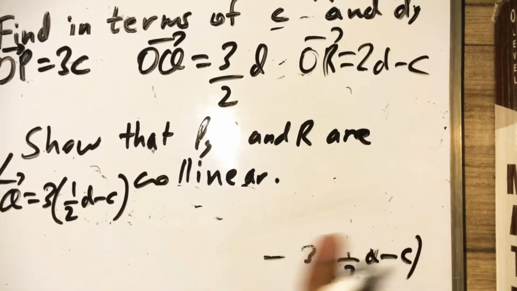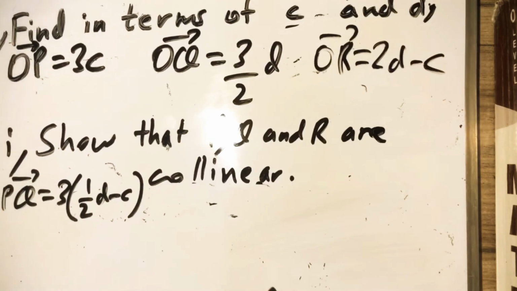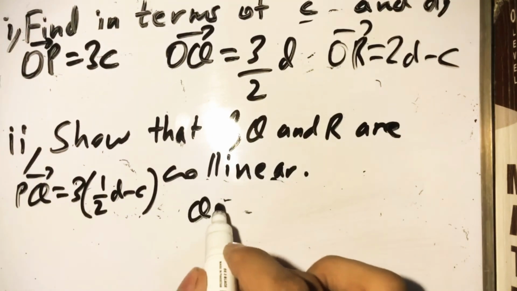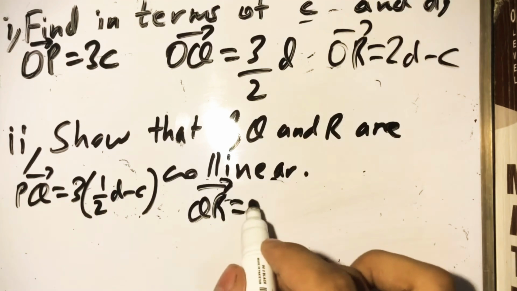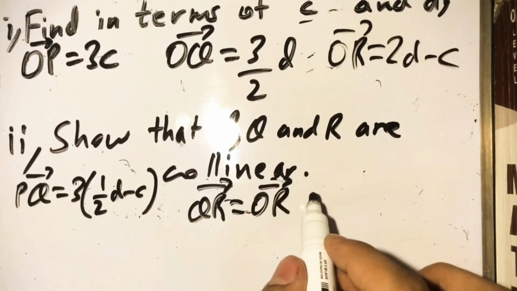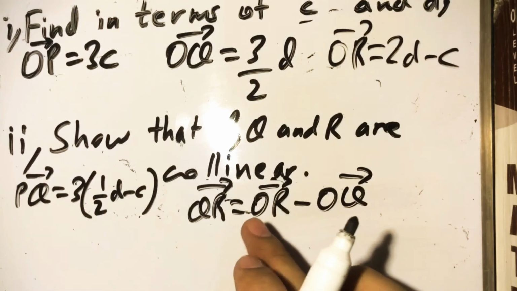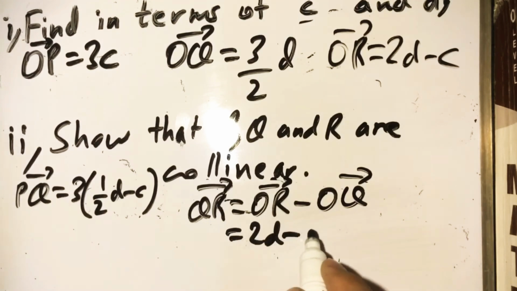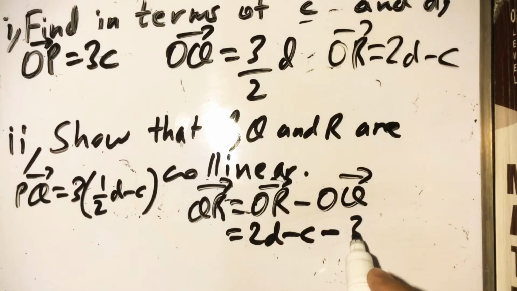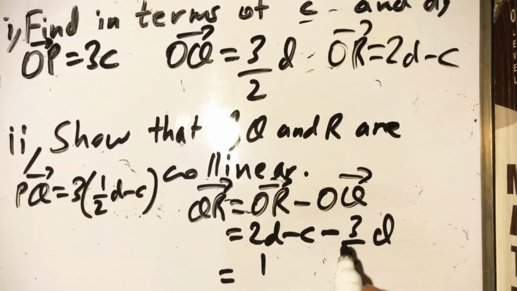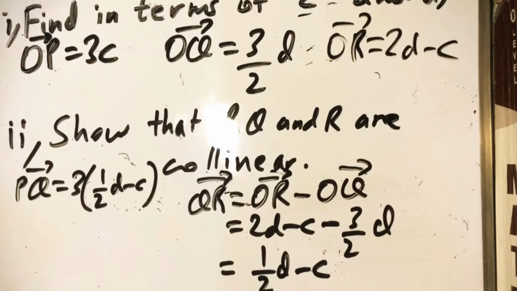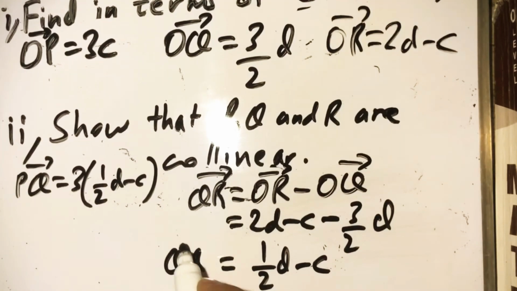Next we found PQ, now we'll find QR. QR equals OR minus OQ. OR is 2D minus C, minus OQ is 3 upon 2 D. So this is 2 minus 3 upon 2, which is half D minus C. This is QR.